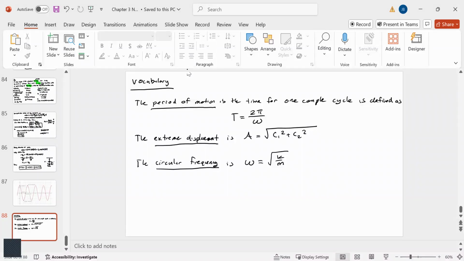And then the natural frequency is going to be f equal to omega over 2 pi. So again, just some vocabulary and words and equations that you will see when doing some of these problems.